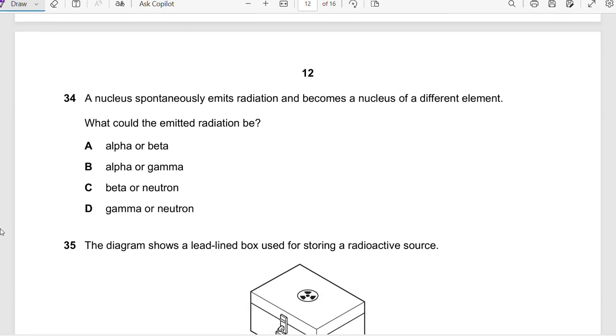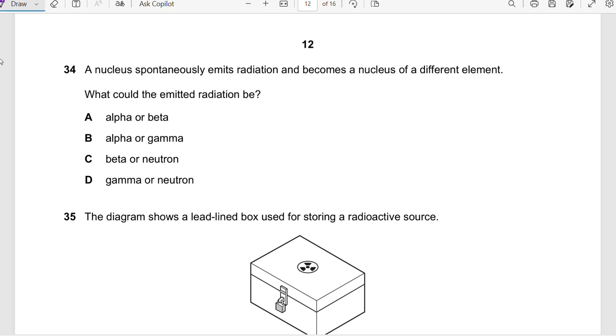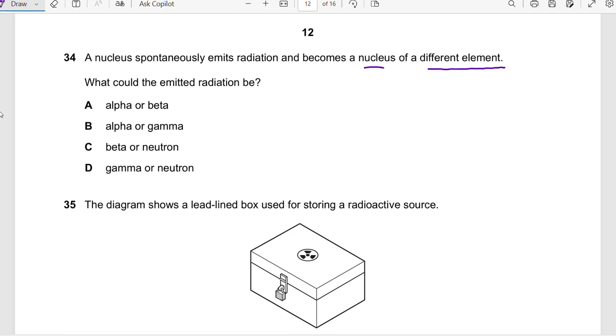Question 34. A nucleus spontaneously emits radiation and becomes a nucleus of a different element. So what could be the emitted radiation?